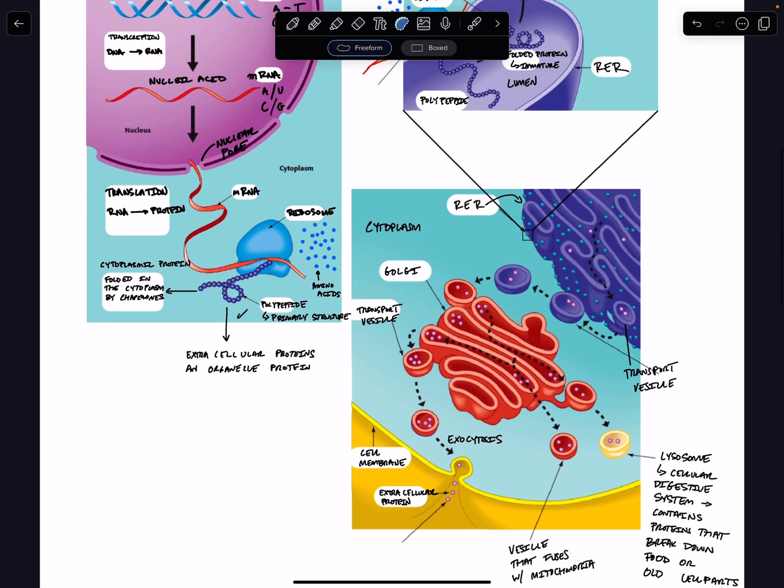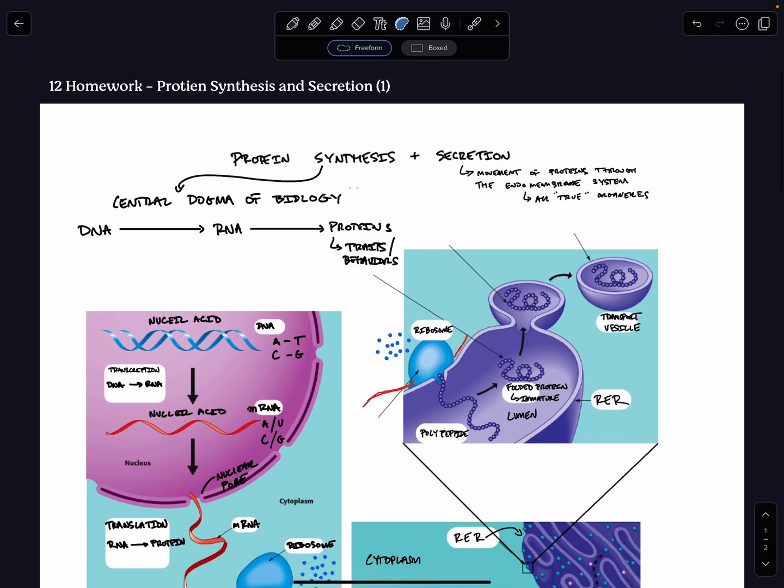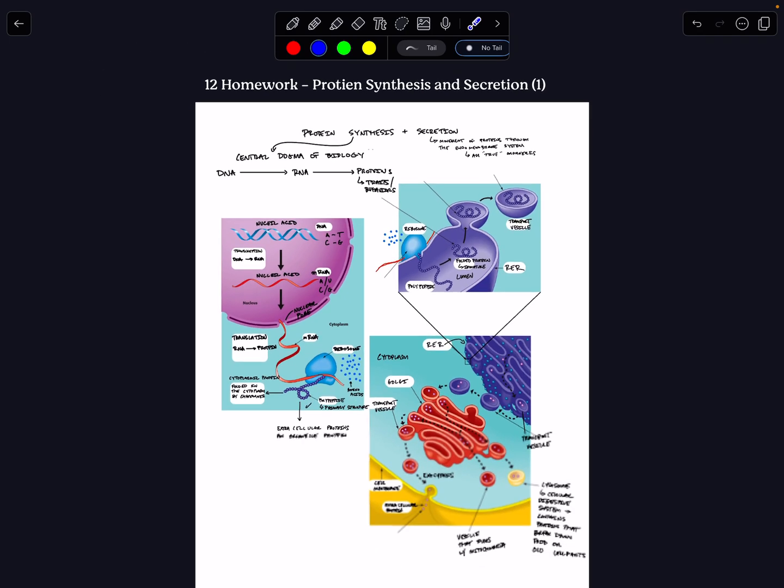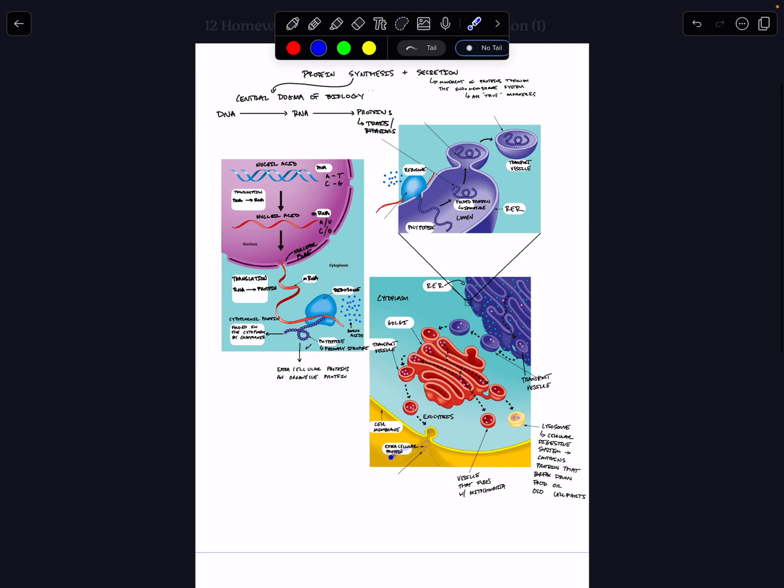Okay, so that's it. That's how proteins end up outside the cell. So remember early on in this year, we did a liver lab where we looked at the function of a protein called catalase. Well, catalase is an example of an extracellular protein. It starts out as a gene inside the DNA, it's transcribed into an mRNA, then it's translated by a ribosome into a polypeptide.